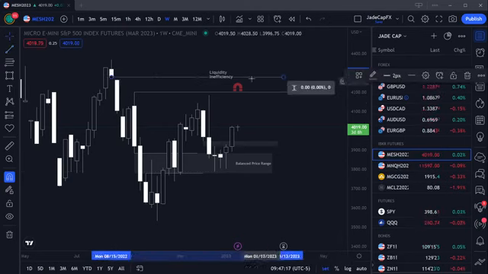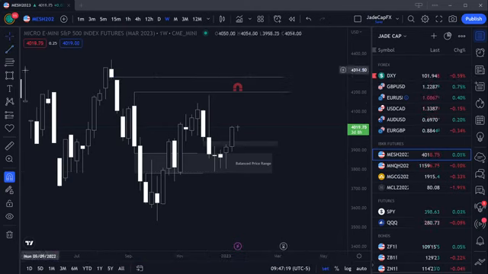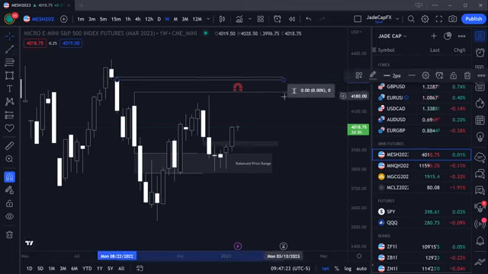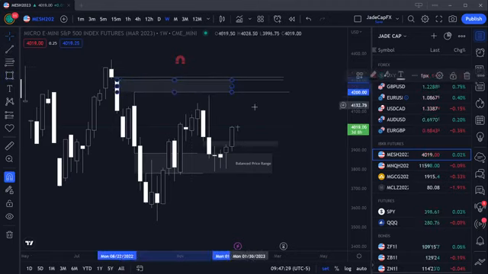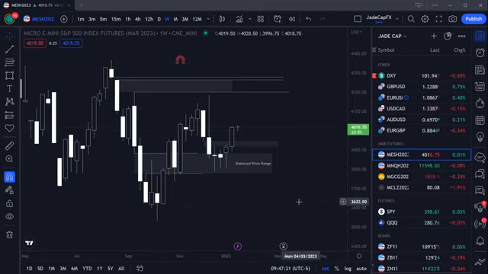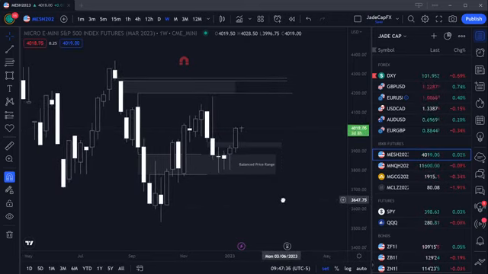A volume imbalance. And an inefficiency. So not only has it done this, balanced price range, sell side imbalance violated, liquidity's been engineered, sell side imbalance, and volume imbalance above it.